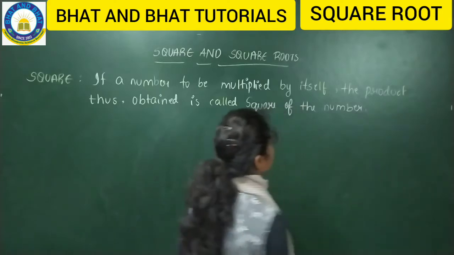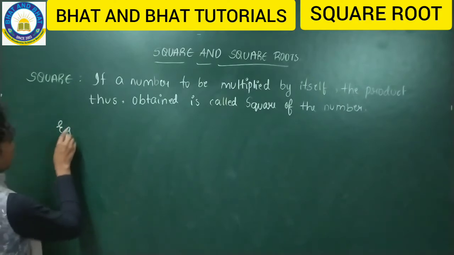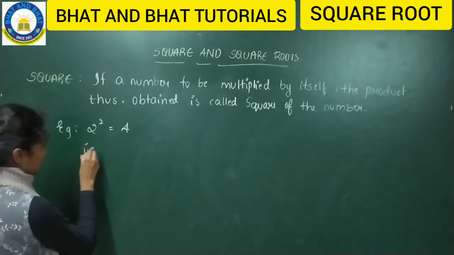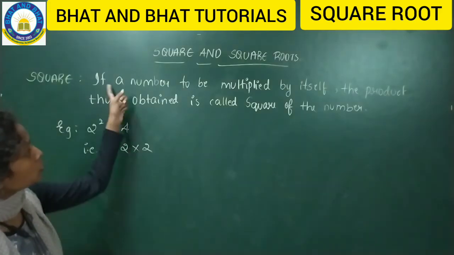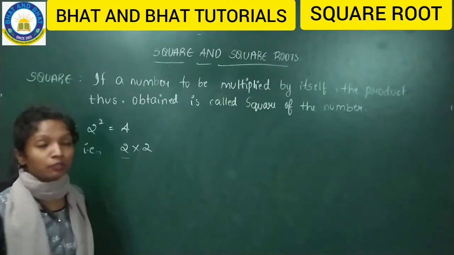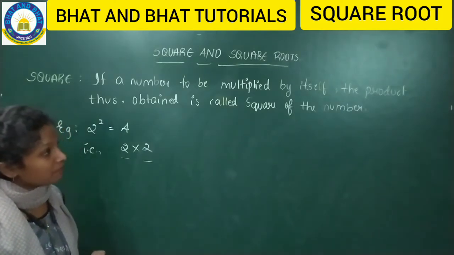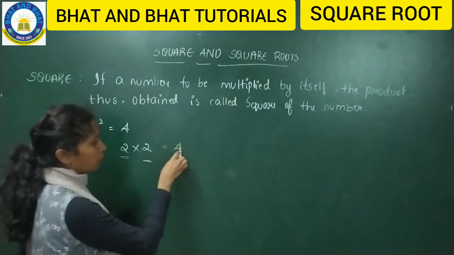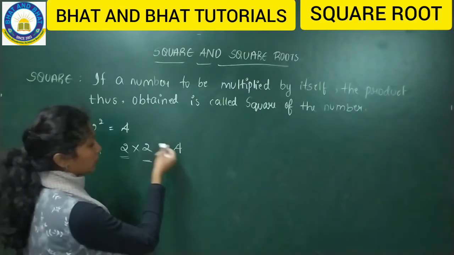Got this? See here once. If a number is multiplied by itself, say for example, 2 square is equal to 4, that is 2 into 2. Here we are considering the number 2 and we are multiplying the number by itself, that means with the same number, then the product that is obtained, 4, is called the square of the number.